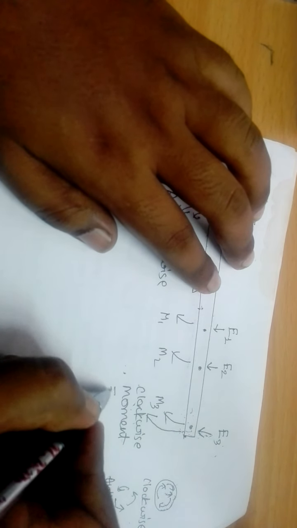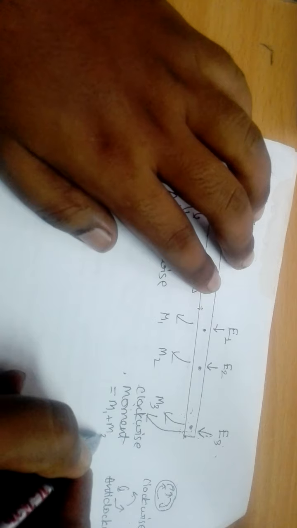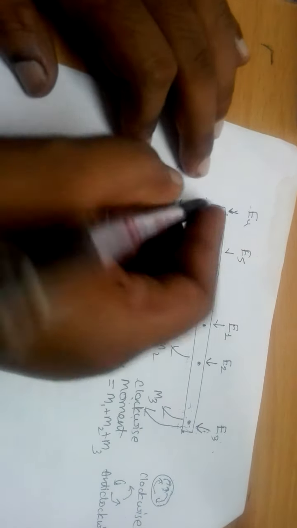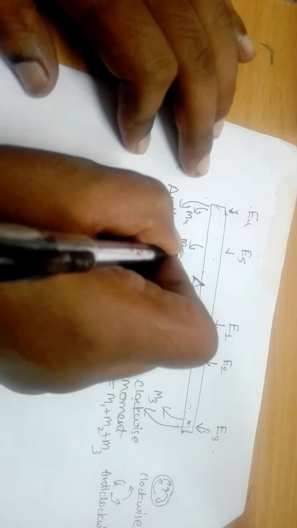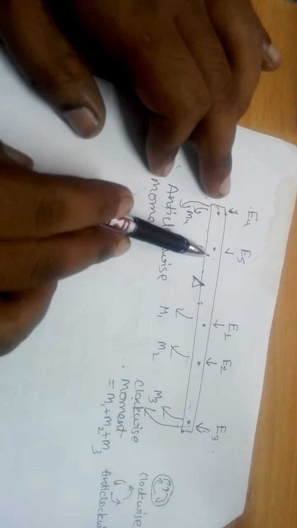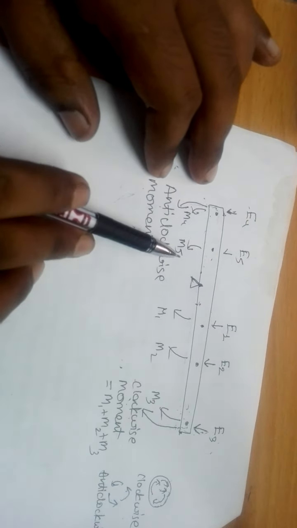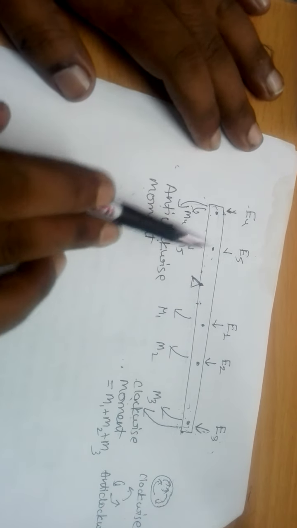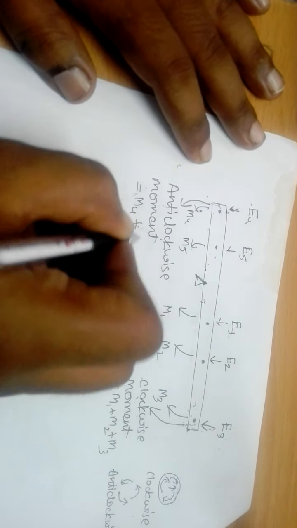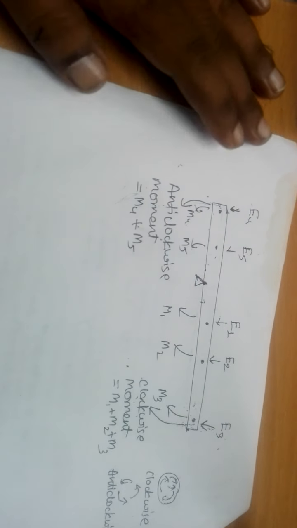So clockwise moment will be M1 plus M2 plus M3. And here also M4 and M5, by applying force at points 4 and 5, both produce anti-clockwise moment. So you need to find the total anti-clockwise moment, which will be M4 plus M5.